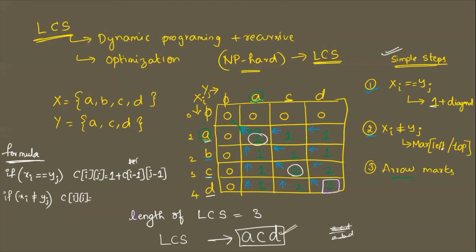Maximum of left or top. So how will I write it? Maximum of c of i, j minus 1, comma c of i minus 1, j. Nothing special, reduced one column, reduced one row, and whichever value is maximum, that we are taking out. So this is the formula.